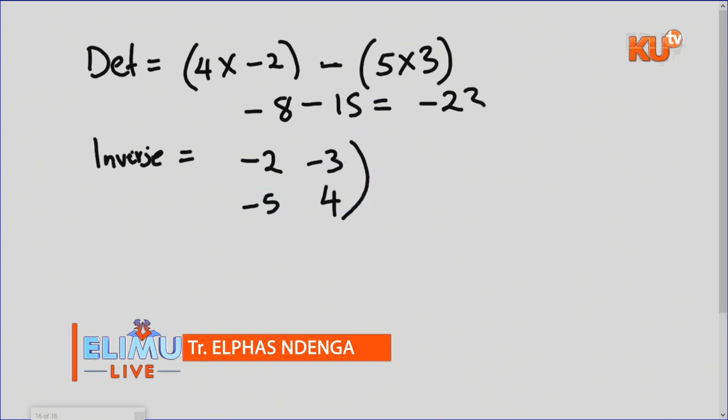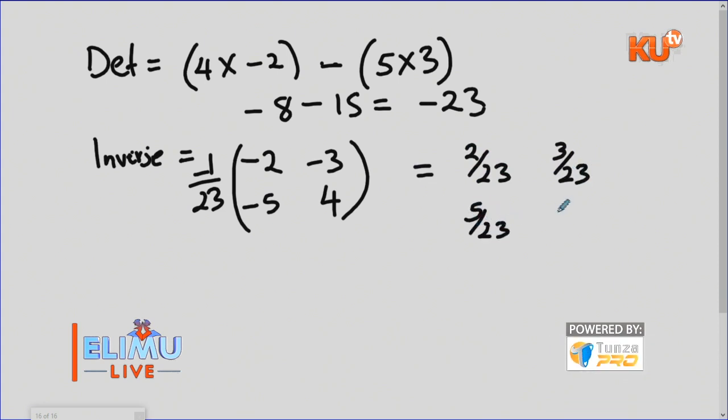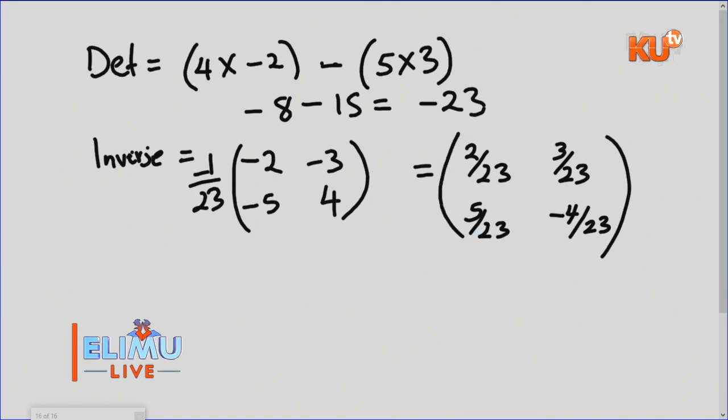Then once we have this, we multiply by 1 over negative 23. Remember, this is 3, not 2. So you expand this one, you'll have 2 over 23, then we have 3 over 23, we have 5 over 23, then this is negative 4 over 23. That is the inverse of our matrix.